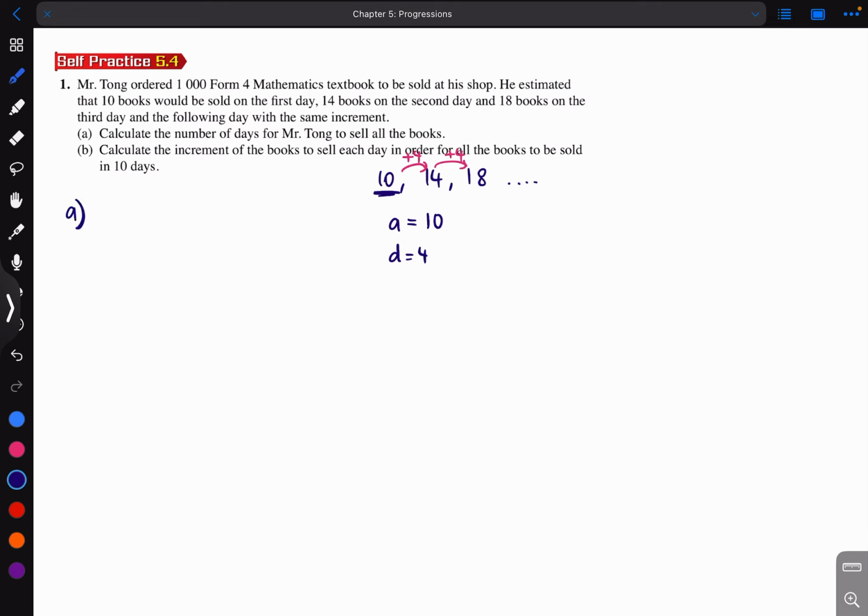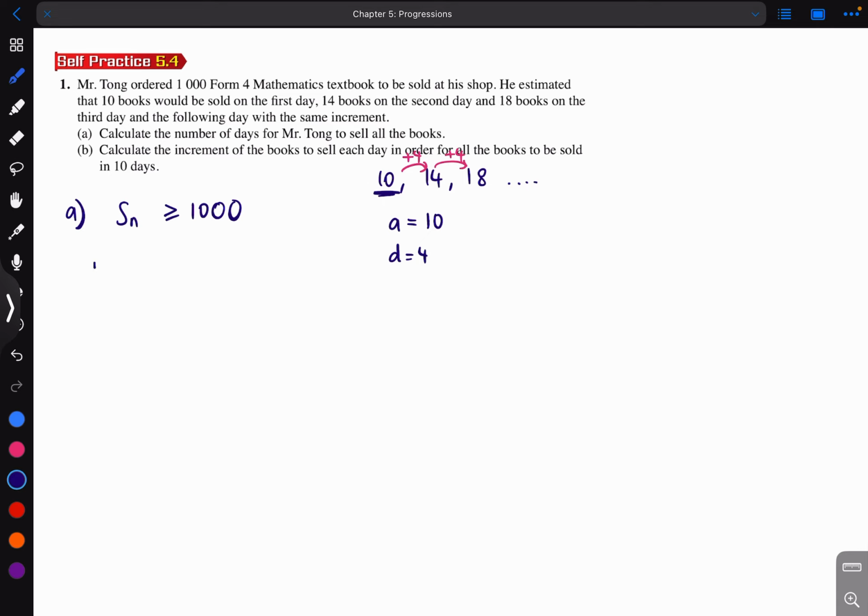So we can say Sn is more than or equals to 1,000. Because if you get 1,000, then it's a bonus. But if not, because the numbers are all different, we need to find more than 1,000 to find the day where he has sold all his books. So that's more than equals to 1,000.